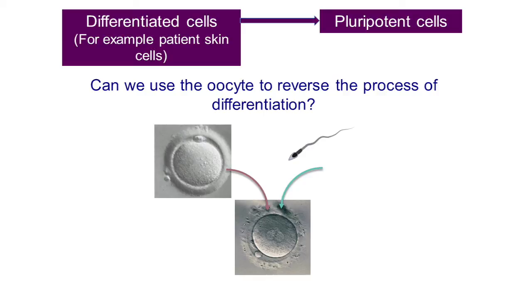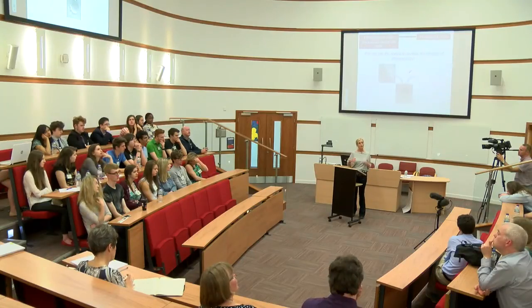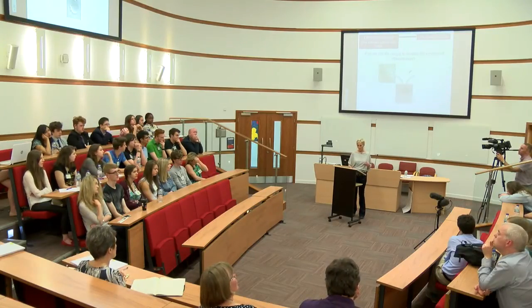The idea of using oocytes to reverse differentiation is based on fertilization. Here we have this highly differentiated sperm cell, which fertilizes the egg, and it's reprogrammed, and can then contribute to the forming of cells that can form all cell types in the body. So the oocyte can reverse differentiation, if you take the sperm example.